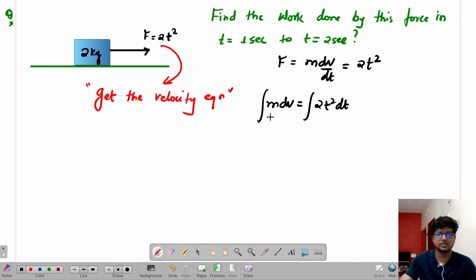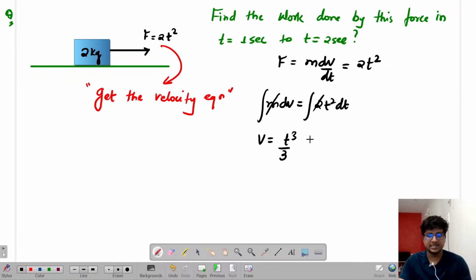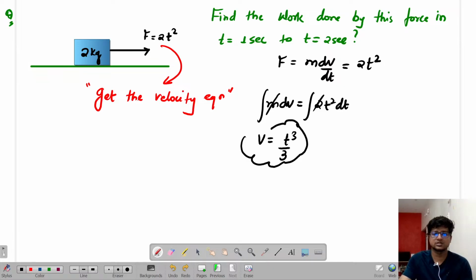What is the mass? 2 kg. So this 2 kg, this m and this 2 will cancel. So dv is simply v, and this will be t cube by 3. But the idea is that in this equation, in this particular one, don't put the limits.